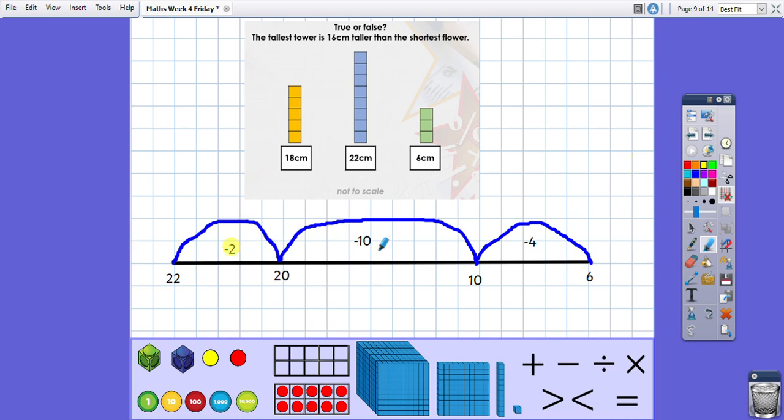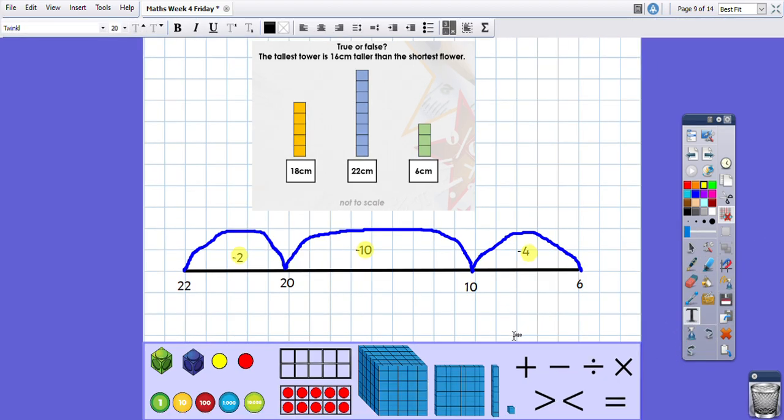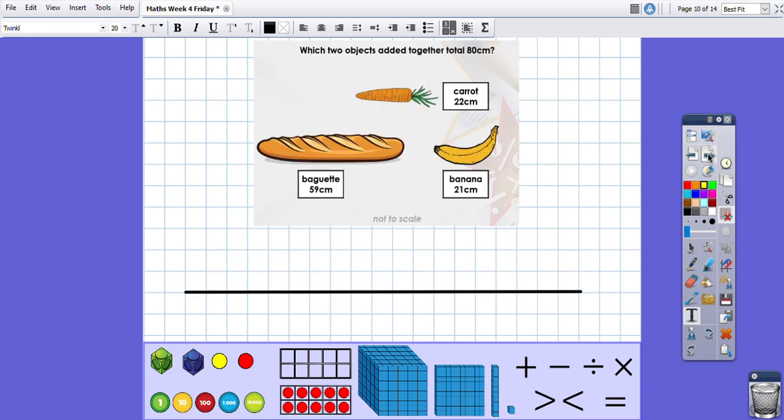So 2 add 10 is 12. Add 4, so 12, and then count on 4, 13, 14, 15, 16. So we've worked out that it is 16 centimetres taller. So is the question true or false? It's true. Well done. It is true.